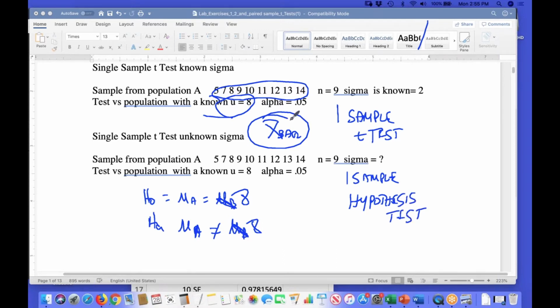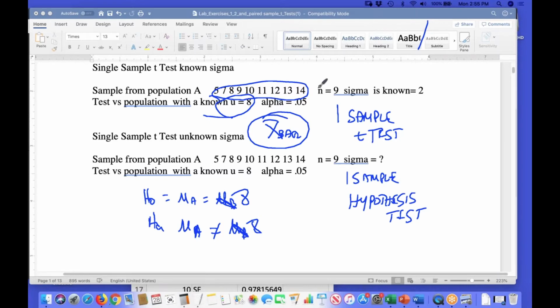Okay, makes sense? So that's really what's going on here. It's just a single sample. A little bit less common than what we're going to do next, right? But this is easier to explain. This is a simpler way of looking at it. And that's the procedure that we would go through to solve this kind of problem.